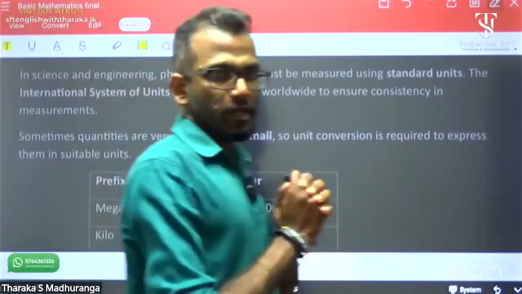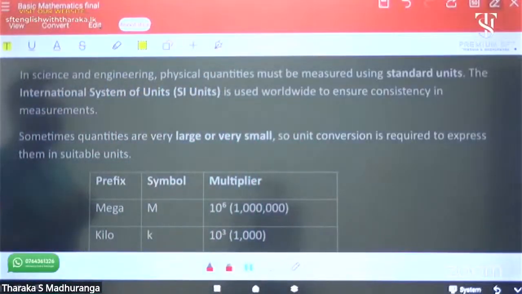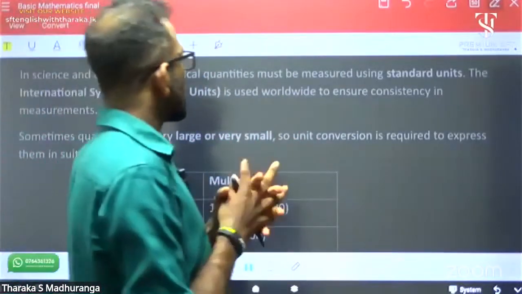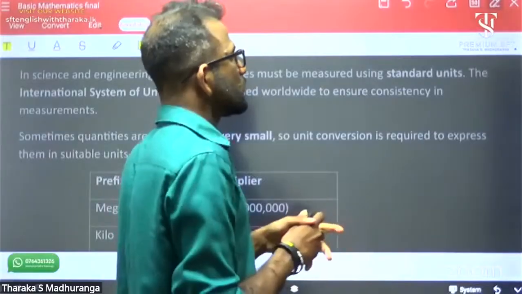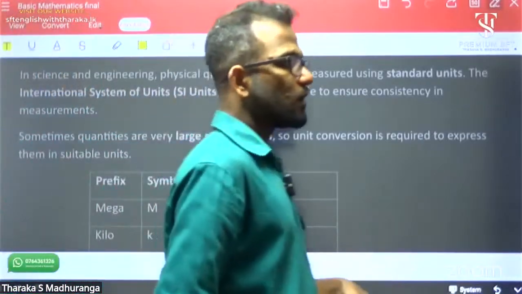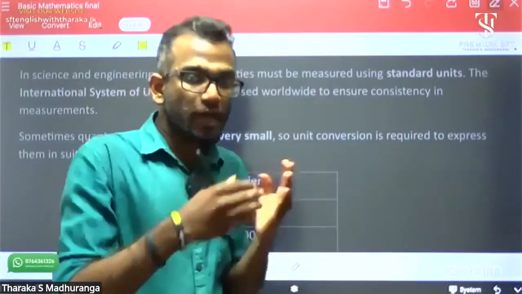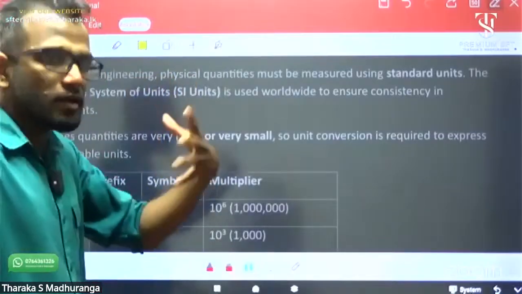The second part, unit conversion. In science and engineering, physical quantities must be measured using standard units. Now, after starting our first lesson, we are moving to scientific and engineering things.